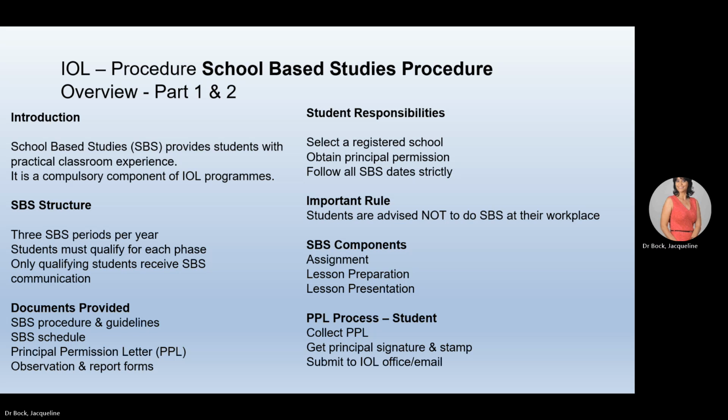Only qualifying students will be receiving an SPS communication, and then they will be provided with the necessary documentation as well, and one of the most important documents that you need is the SPS procedure and guidelines.